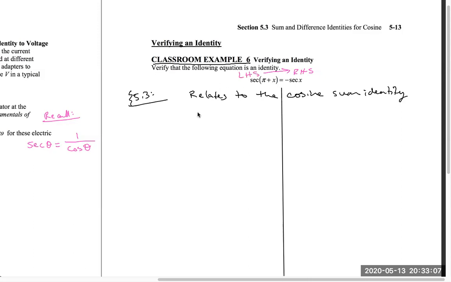So the first step is to change this into the reciprocal identity, 1 over cosine of pi plus x. Common mistake is to write this like this. That actually doesn't make any sense because you don't have an argument for cosine. This argument must be right next to cosine.